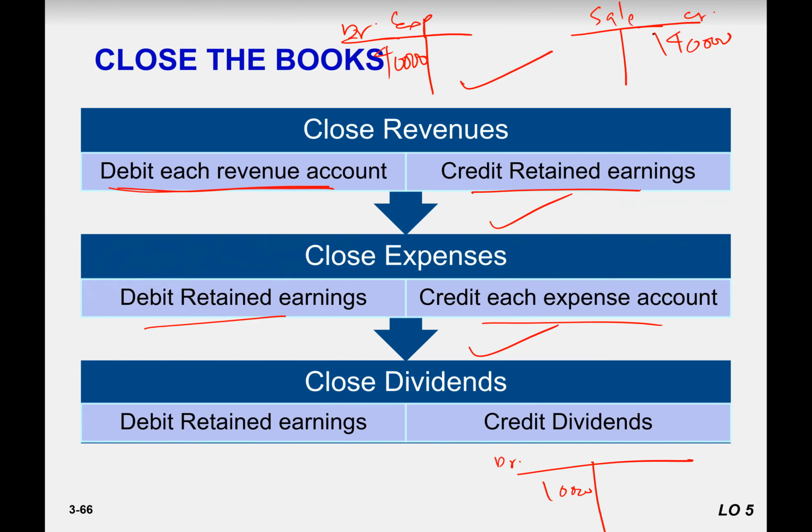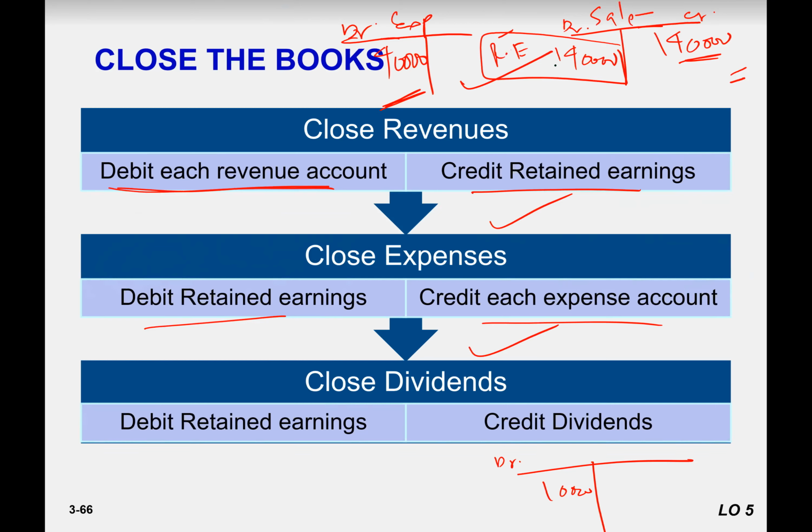So when you close down the revenue, it means you have to write down the same amount, because sales belong to retained earning. So we say that this is debited by sales. It's debited by revenue. So when you close down the sales, the entry would be this entry. You can make the entry.